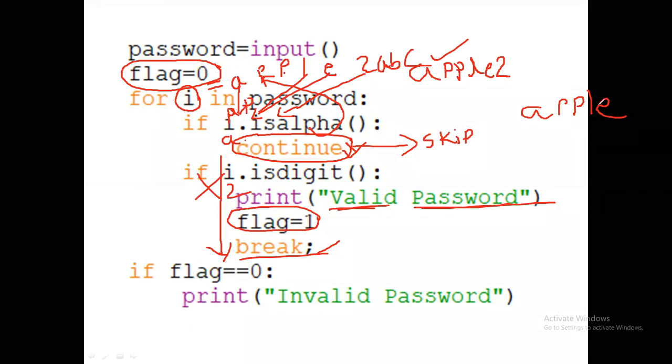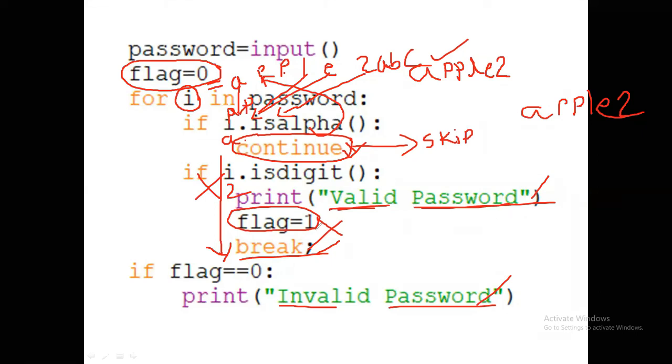For example, apple2: if I am not using the flag, it prints valid password, and after that it prints invalid password also. We can print only one of the messages.